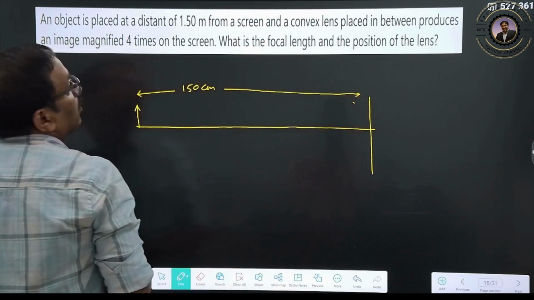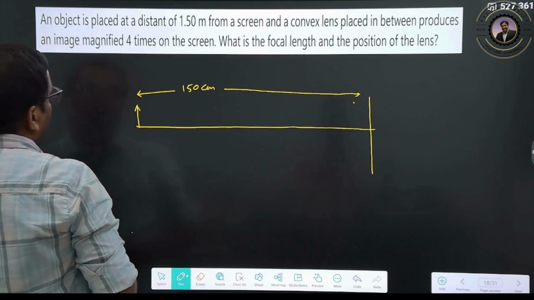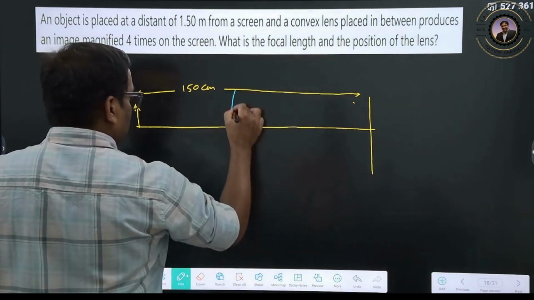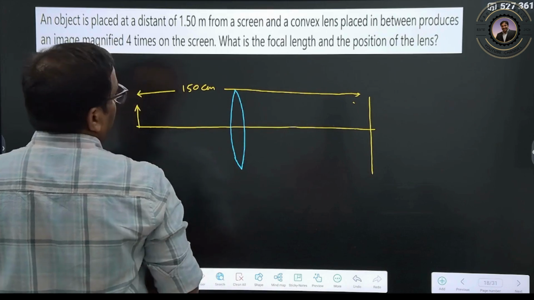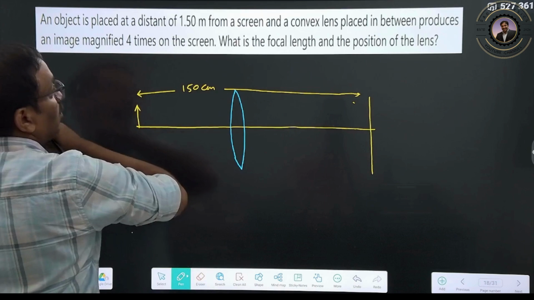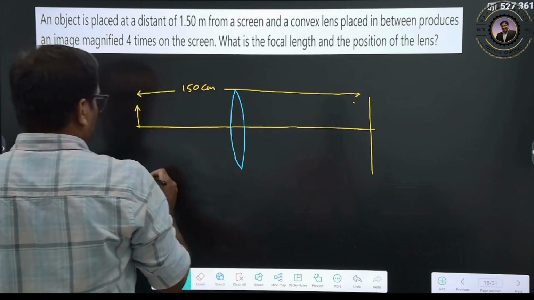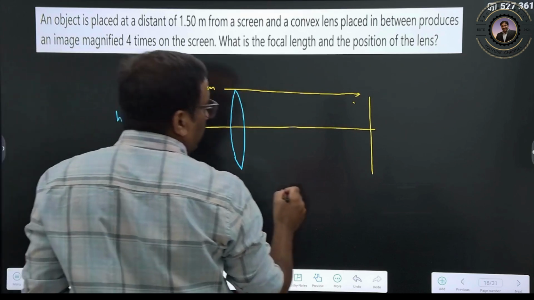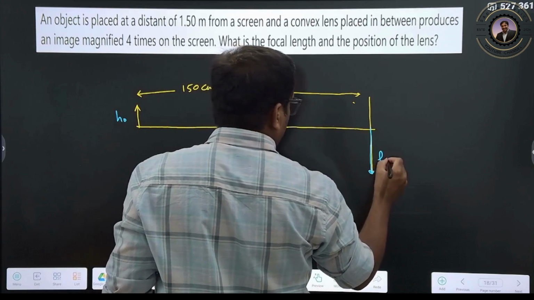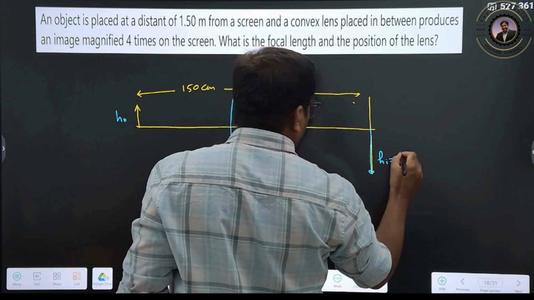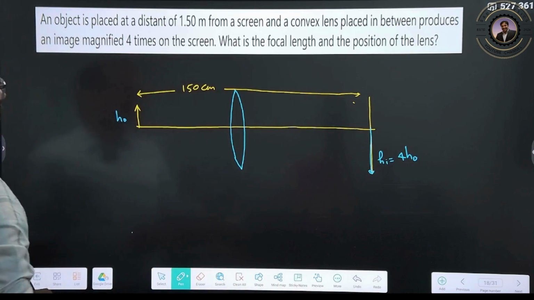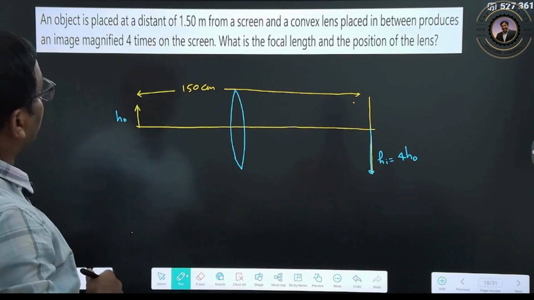A convex lens is placed somewhere in between to produce the image. The image is magnified 4 times on the screen, so the height of the image is 4 times the height of the object.